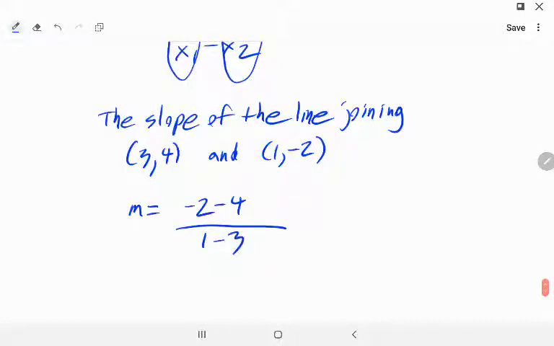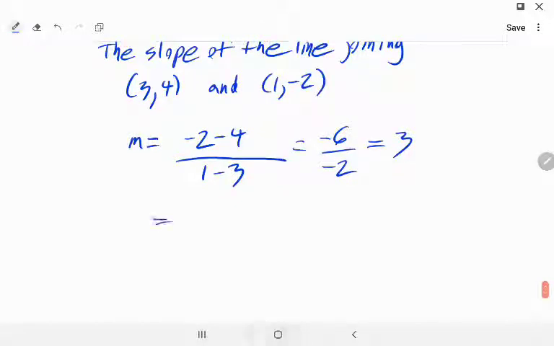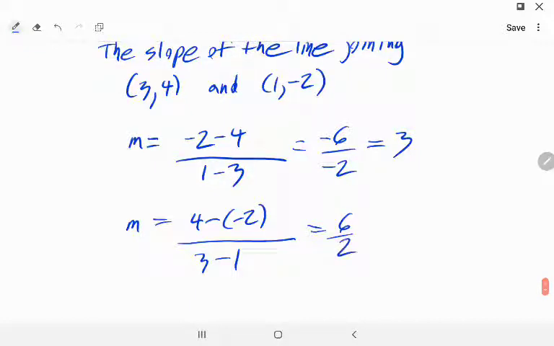We take the y2 minus y1 divided by the x2 minus x1 and we get negative 6 divided by negative 2, which gives us positive 3. And if we had said instead m equals 4 minus negative 2 divided by 3 minus 1, we would have gotten 6 divided by 2, which is still positive 3.